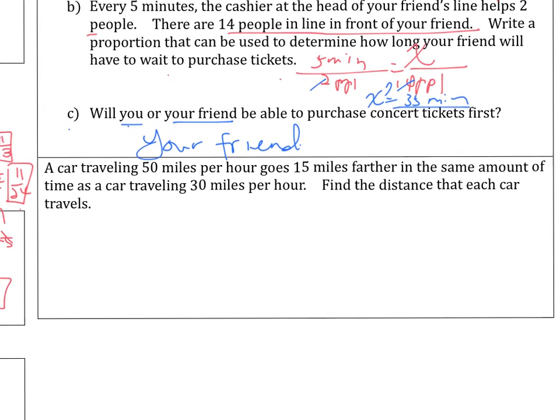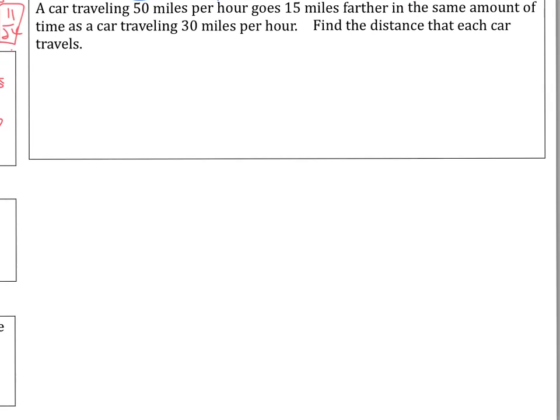Okay, let's take a look at one more problem. A car traveling 50 miles per hour goes 15 miles farther in the same amount of time as a car traveling 30 miles per hour. So car 1, you can draw a picture.